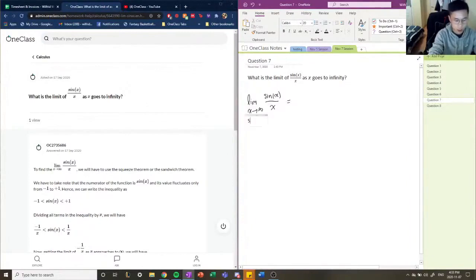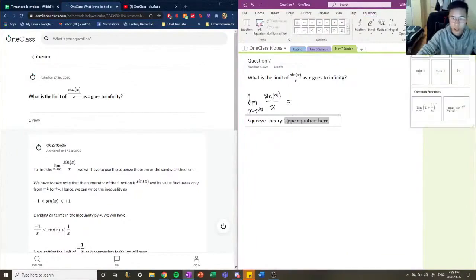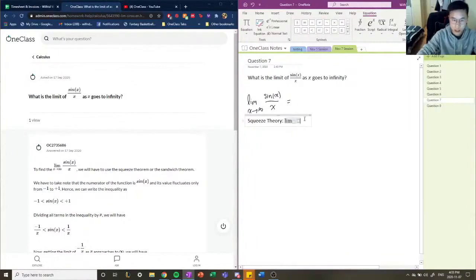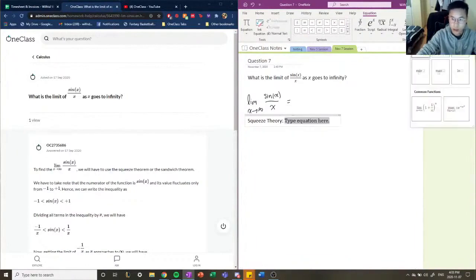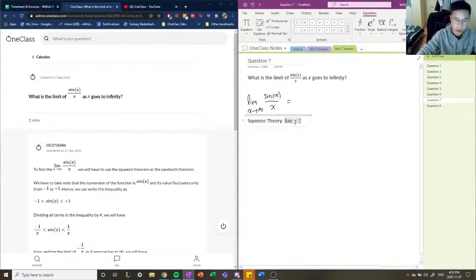So the squeeze theorem suggests that we can take, so let's say we want to find the limit when x approaches infinity of a function. Okay, but this function is very hard to use our normal limit techniques on.